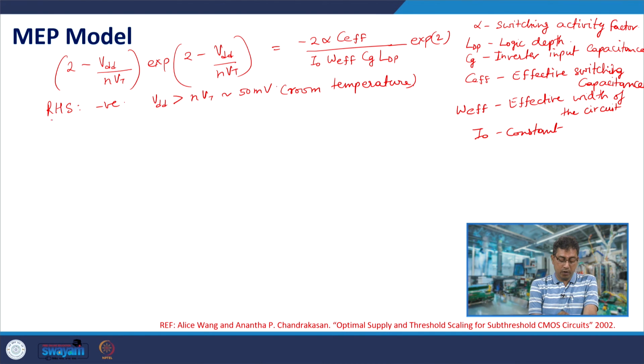And what are the other implications? If alpha C effective increases, what happens? The negative right hand side increases in magnitude. When can that happen?